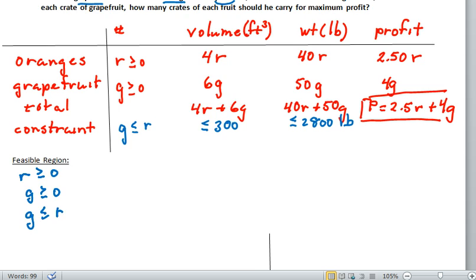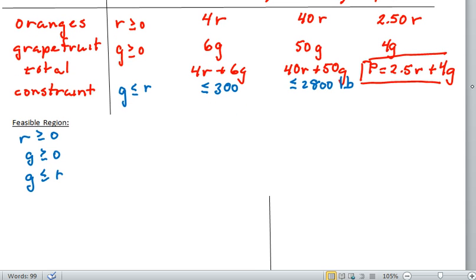And now, instead of writing 4R plus 6G less than or equal to 300, I'm going to isolate the 6G: 6G is less than or equal to negative 4R plus 300. And I'm going to isolate the 50G so that it is less than or equal to negative 40R plus 2,800.